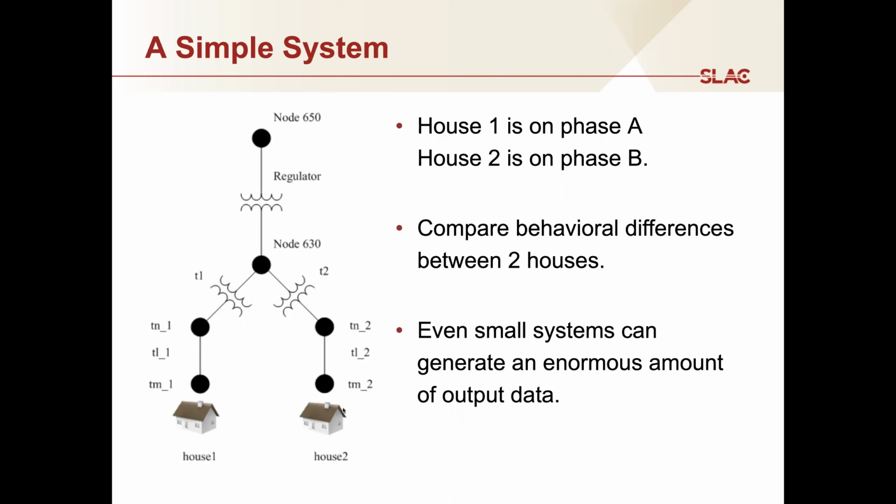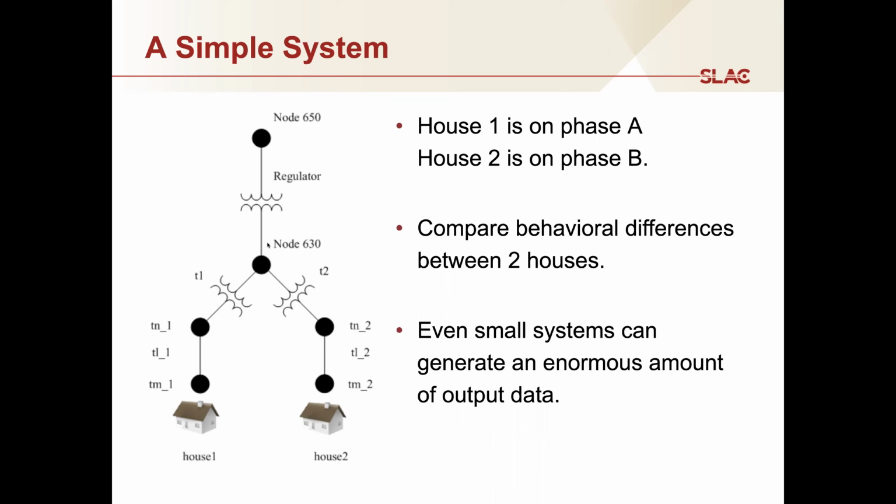And so these two houses are modeled explicitly, and their independent behavior will jointly affect the loading that we see on this intermediate node 630, and of course the behavior of the regulator.